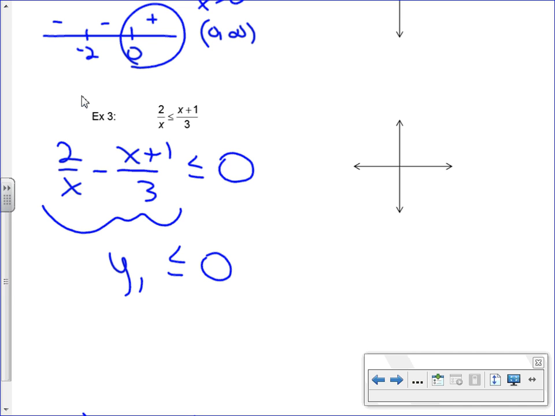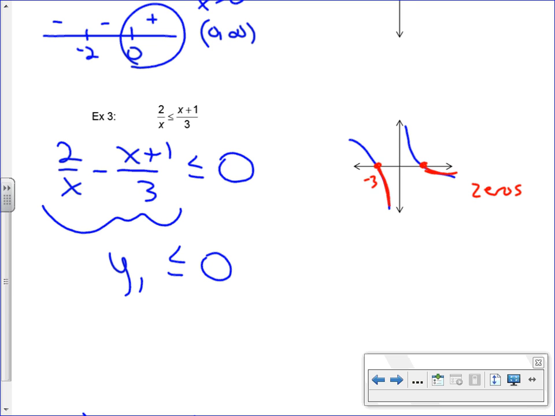All right, and you should have a graph that looks something like this. Okay. You are looking for where this graph is below the x-axis. And so that's this section right here and this section right here. So you're looking for that number and that number. This time you're going to be finding the zeros. Once again, you're going to get that this one is -3 and this one is 2.